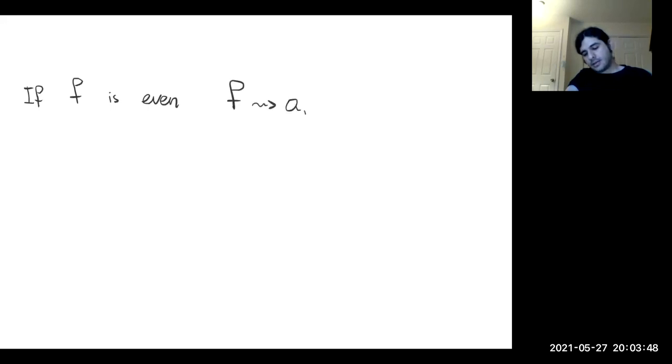Now, to see how even functions and odd functions play a role in Fourier series, the point is that if a function f is even, when we look at the Fourier series of f, it has a naught plus a sum, sigma of an cosine of n pi over a x.